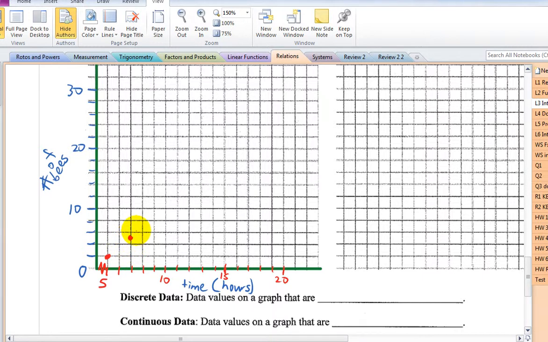You don't always have to be in the corner of a grid, right? For the second point, time is 7 on a line, but your number of bees is 5. So this 5 is going to be in between 4 and 6.